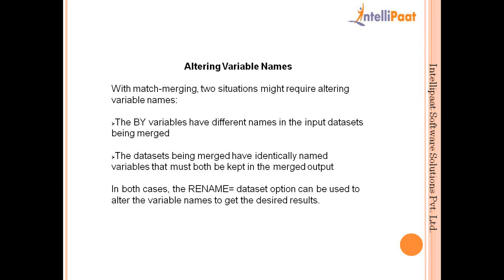The BY variables have different names in the input datasets being merged, or the datasets being merged have identically named variables that must both be kept in the merge output. Agreed. In both cases, the RENAME dataset option can be used to alter the variable names to get the desired result.